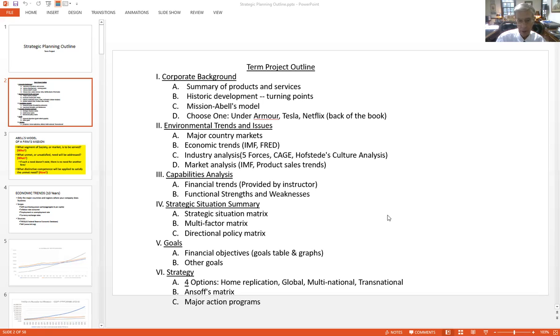But finally, strategy must be broken down into and represented as specific action to be taken by specific managers over specific periods of time.